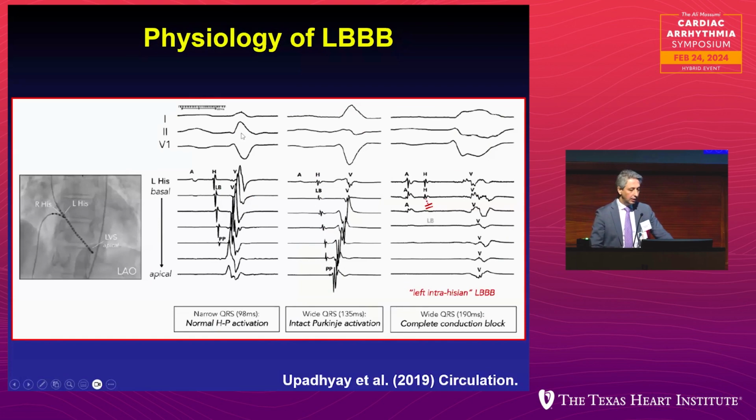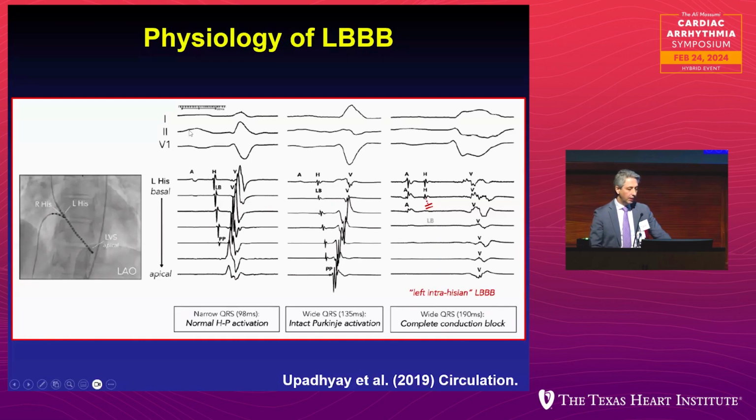Another thing that is important to emphasize, from the work of Rotang and Gaurav Upadhyay at the University of Chicago, is that when we classify left bundle branch block, some of the disease, as illustrated here, actually occurs intra-Hisian.